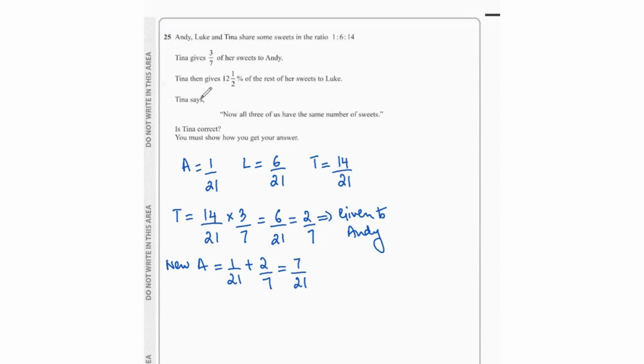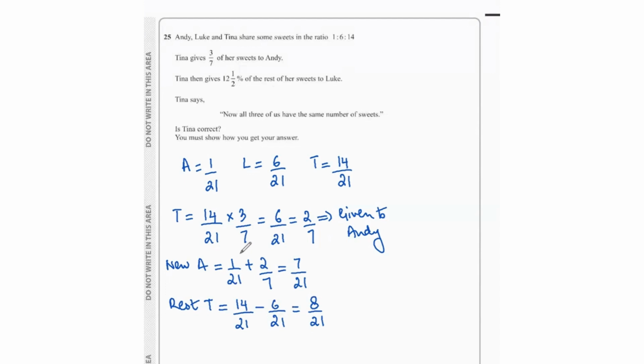Now we move on to Luke. Tina then gives 12.5% of the rest of her sweets to Luke. So the rest of Tina is going to be 14/21 minus 6/21, which is 8/21. This is what Tina is left with.